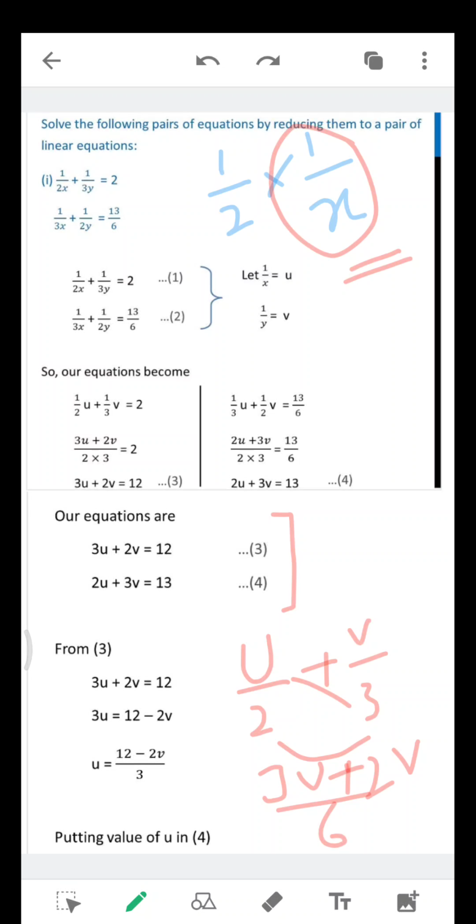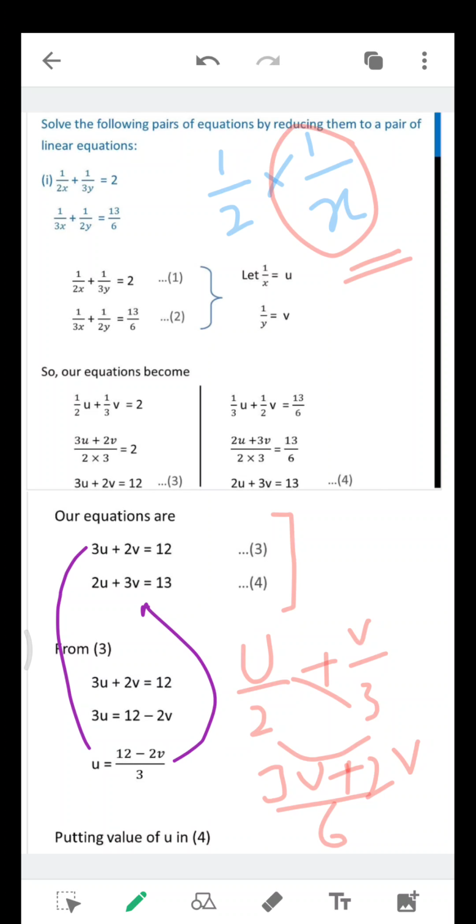We will solve these two equations by substitution method. From equation 3 we are getting the u value: 3u is equal to 12 minus 2v, and u is equal to 12 minus 2v by 3. We'll put this value in equation number 4. This we are solving by substitution method. You can solve it by elimination method also.